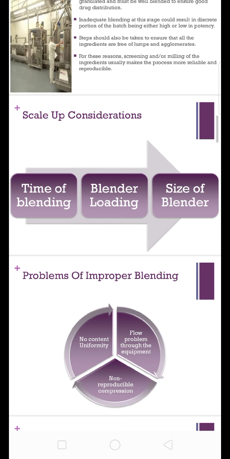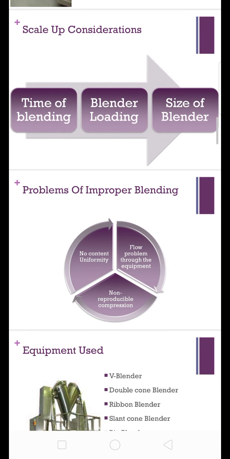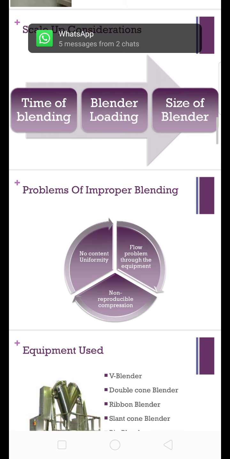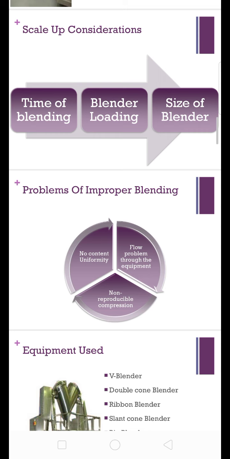If improper blending takes place, what are the disadvantages? If the blends are not uniform, then again there is the problem of content uniformity; no uniformity of the content is observed. Next, if improper blending is there, then there will be a flow problem throughout the equipment.